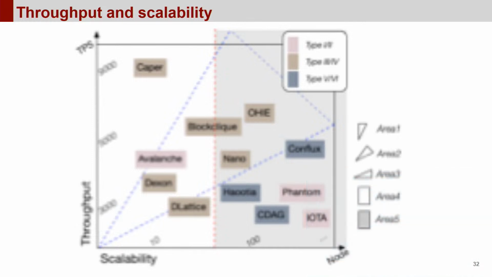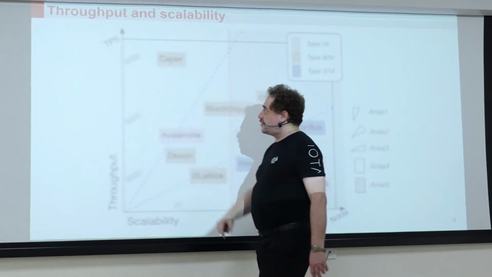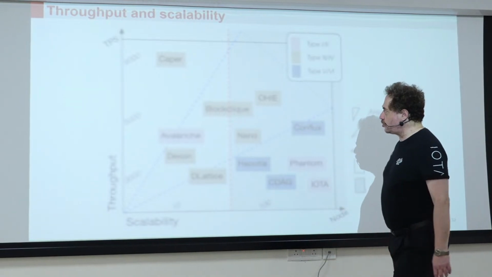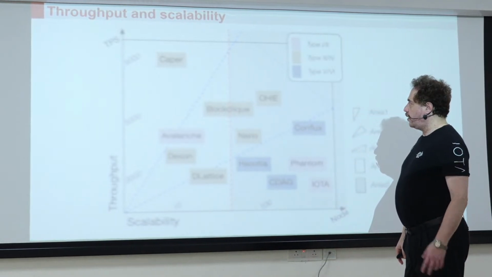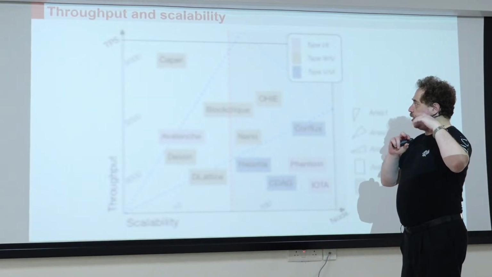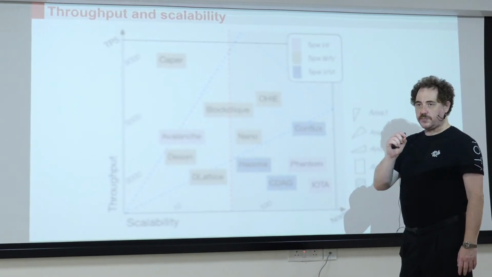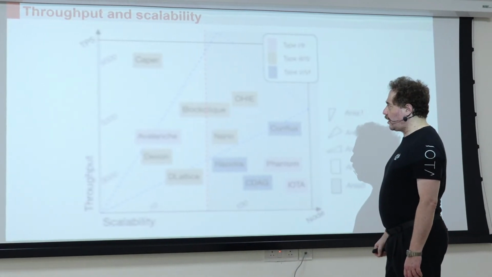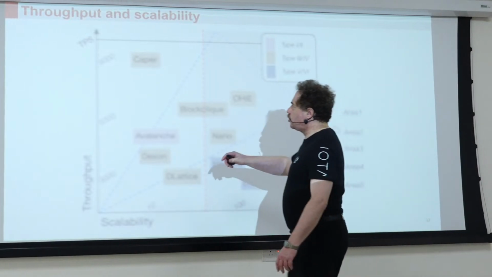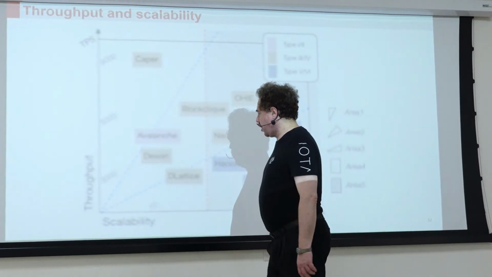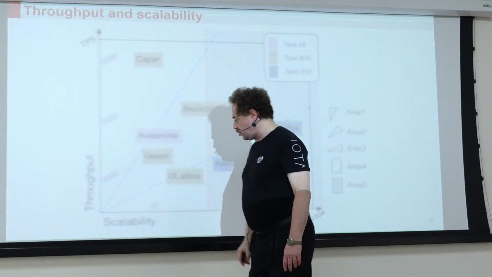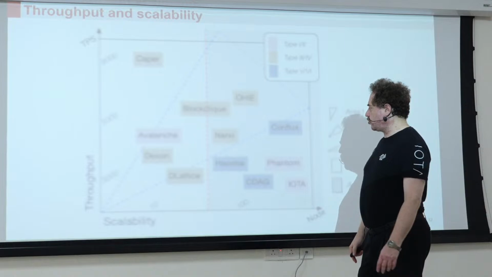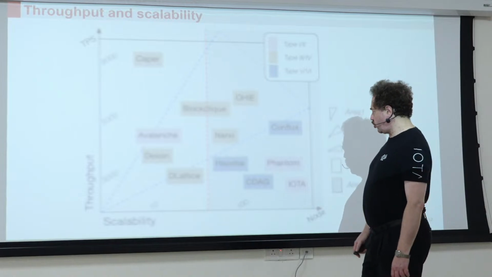And then what we have here, like Caper, is essentially a sharding system, so it doesn't reach convergence on the main chain. But due to the introduction of shards and smart management of cross-shard transactions, they manage to achieve high throughput. However, they do not scale very well with the number of nodes. So that's another representation of the major trade-off in the design of blockchain systems.